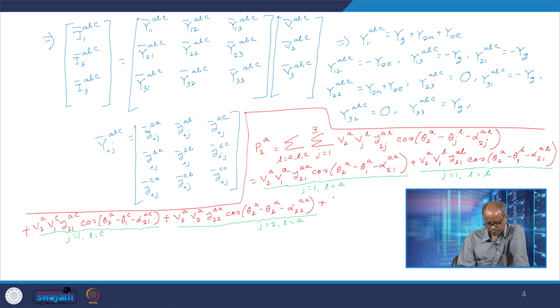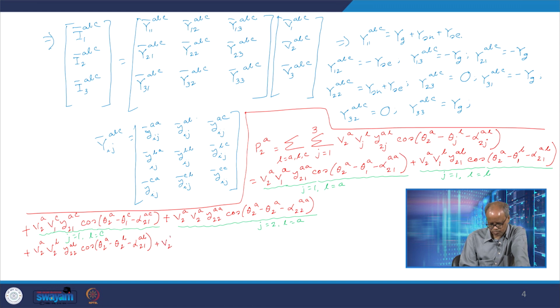Then I have got plus V2A, j is equal to 2, L is equal to B, V2B, Y22AB cosine theta 2A minus theta 2B minus alpha 22AB, right?